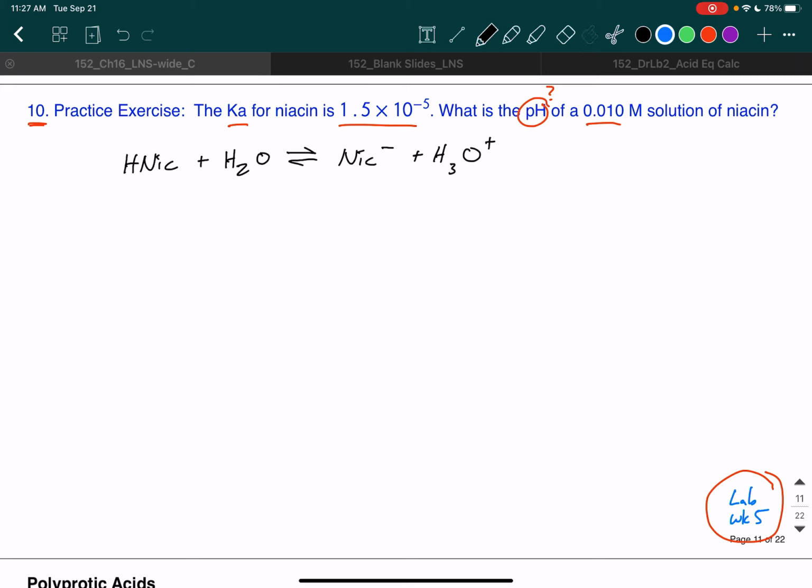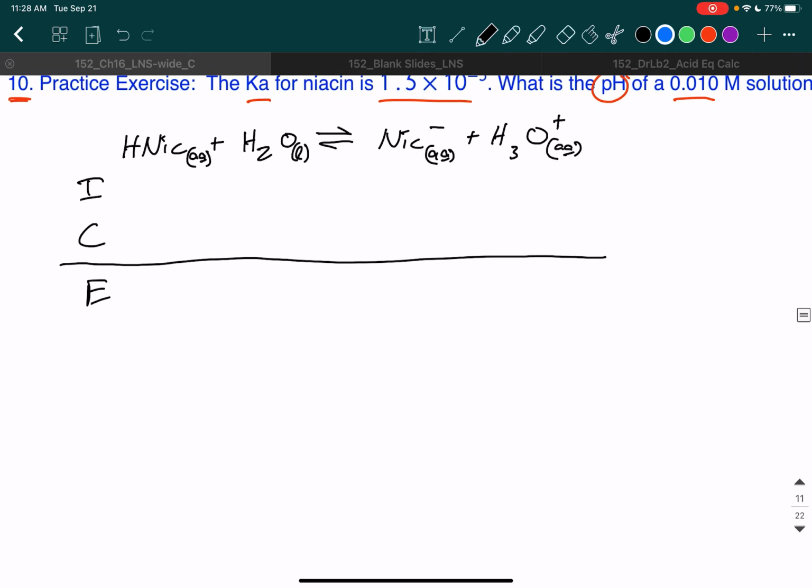Oh, I might as well add the aq and l since we're dealing with heterogeneous equilibrium. I'm going to go ahead and just set it up here. We need an ICE table. I think we've only done that once, but maybe twice. Now it's the second or third time.